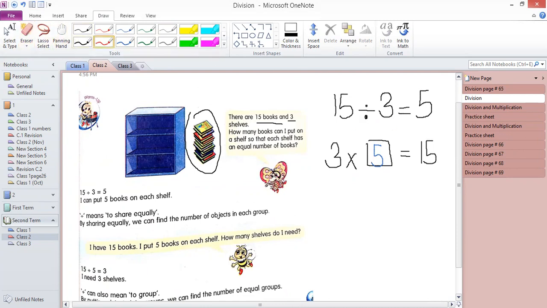And this is the division sentence: 15 divided by 3 is equal to 5. So I can say that there will be 5 books on each shelf, or I can put 5 books on each shelf. Am I right, guys?